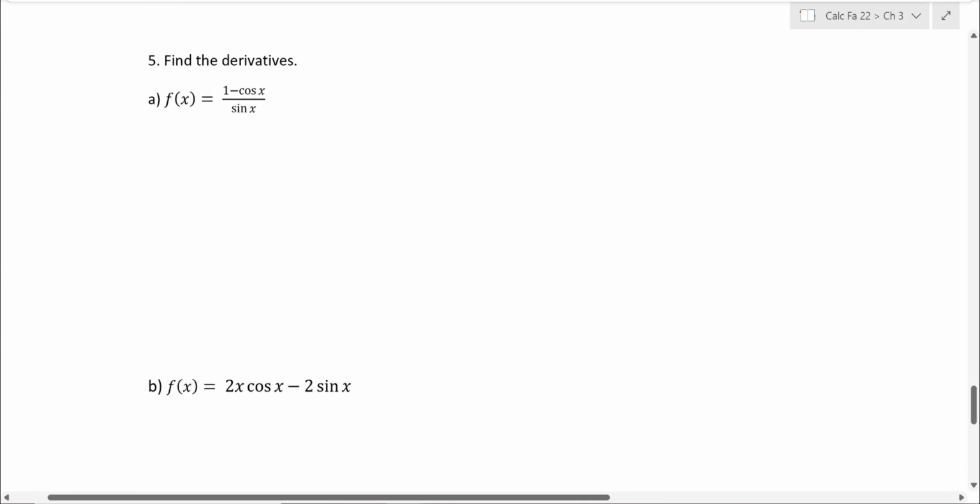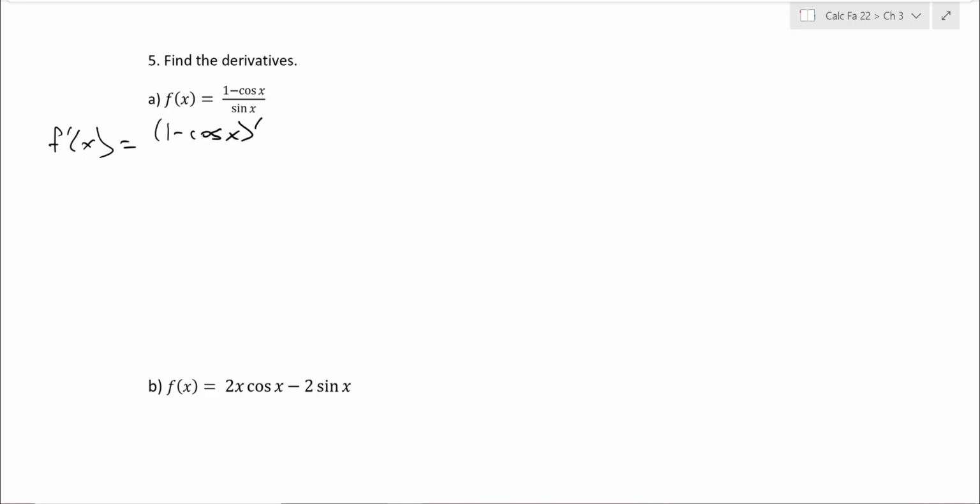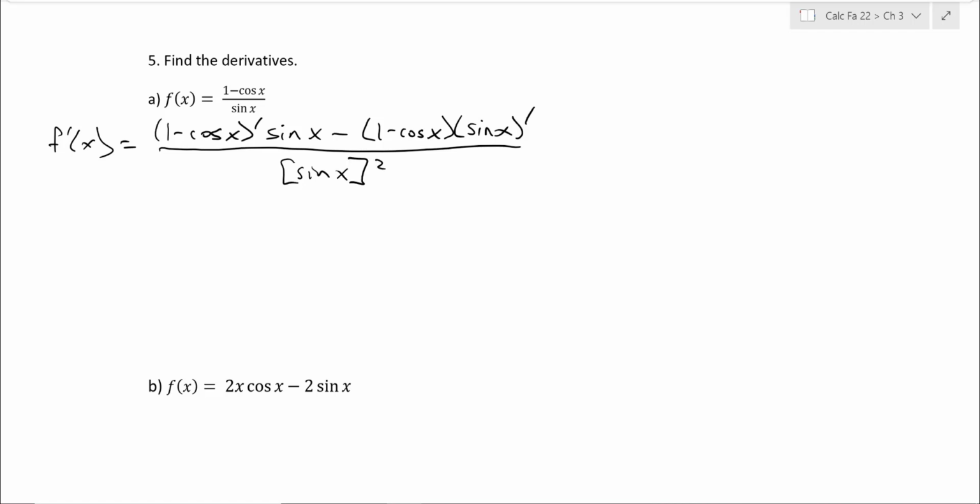So we've got another quotient rule here, 1 minus cosine x over sine x. So for f prime of x, we want again the derivative of the top function, so 1 minus cosine x prime times the bottom function, so times sine x, minus our top function, 1 minus cosine x, times the derivative of sine x, our bottom function, all over bottom function squared, so sine of x quantity squared.